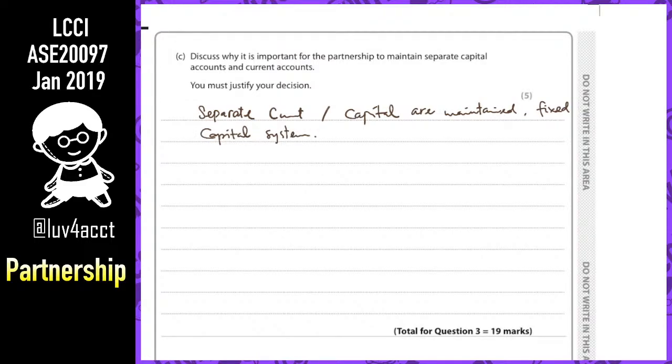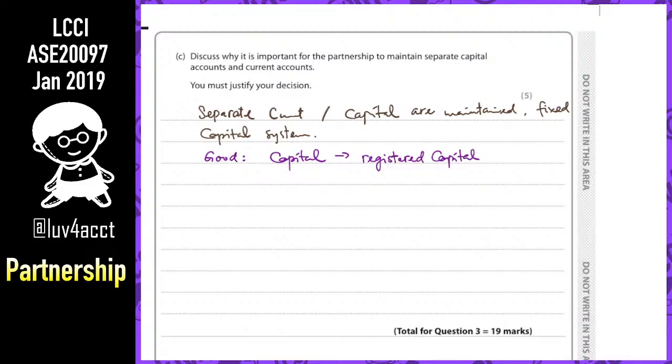This is important because this is good and important, I think. Your capital won't change often. It keeps to the amount of registered capital. This is also governed in the partnership agreement, how much each partner is going to contribute.